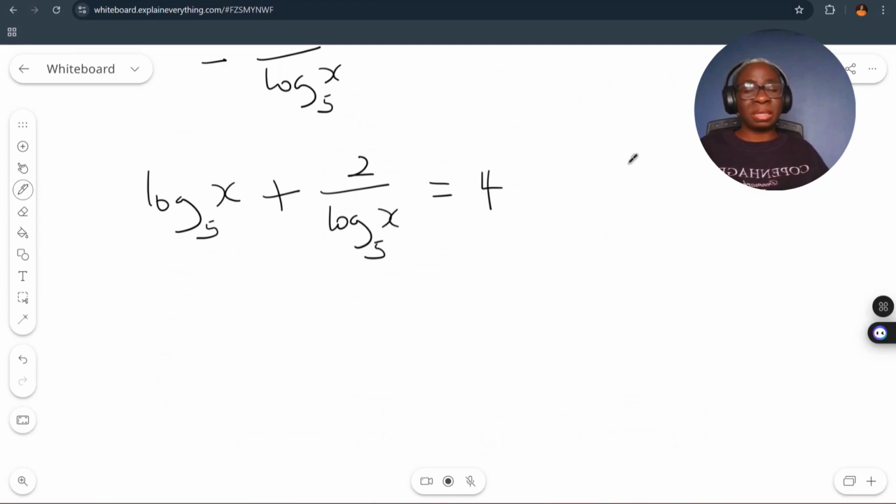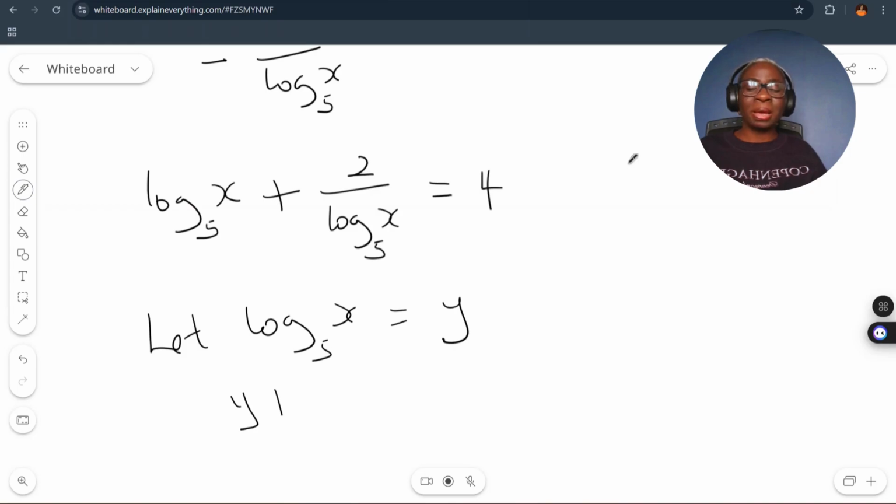To make it easy to solve, since we have log x base 5 in both places, let's represent it by a letter. Let log x base 5 equal y, so the equation becomes y plus 2 over y equals 4.